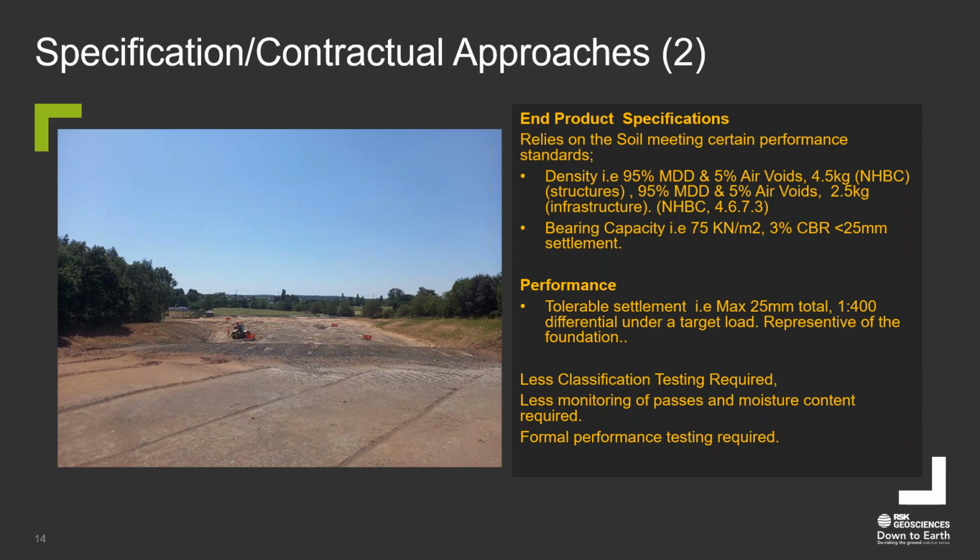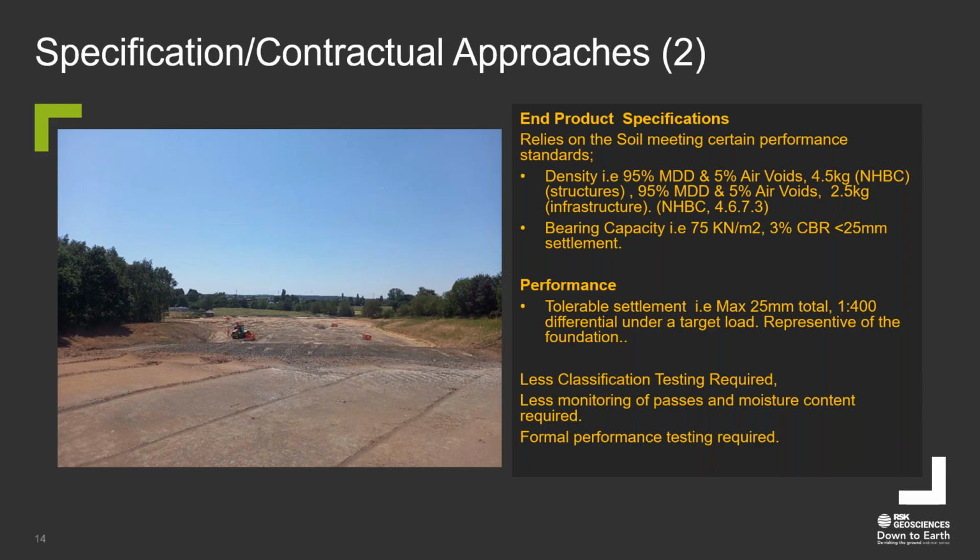A further form of contractual approach is performance, where you're looking at the final performance of the material. You're undertaking tests on completion of the works using very large, realistic tests which simulate the foundations that you're going to use in future on the site.